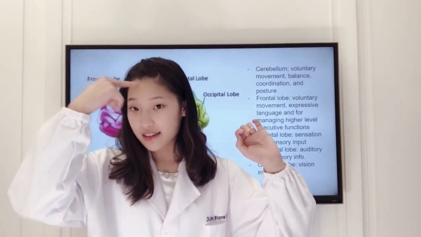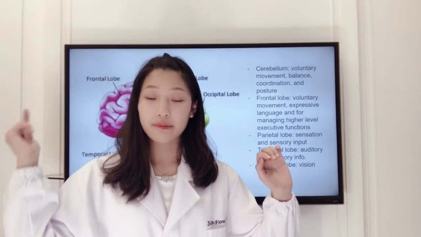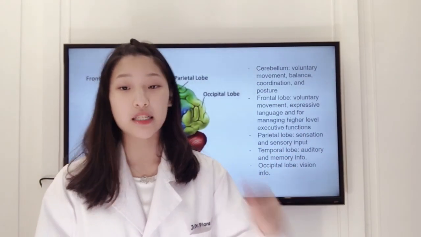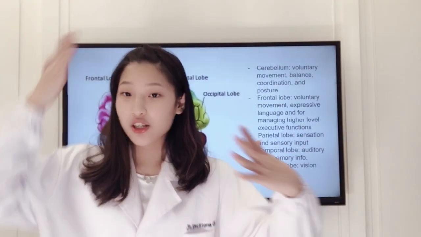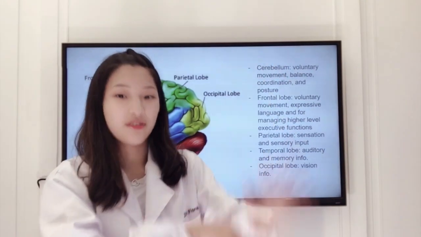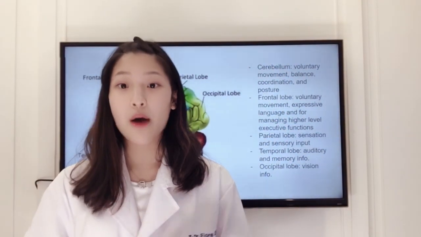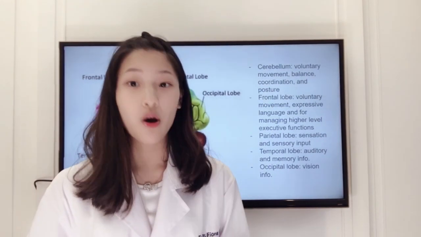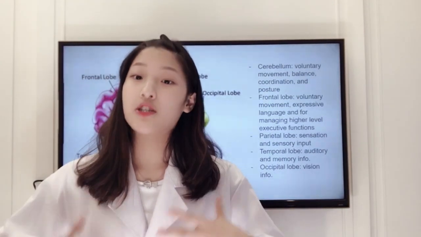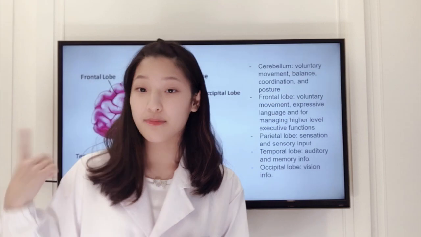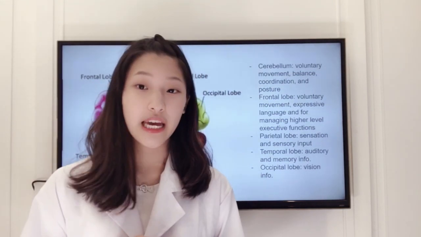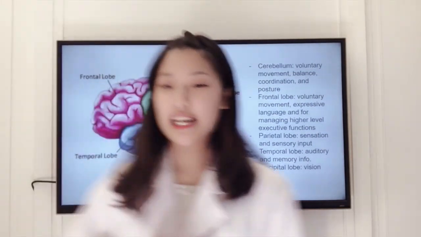That is my frontal lobe working. I am moving because my frontal lobe is sending information to my arm for it to move. It's also important for our languages. Since I'm talking in English right now, that is my frontal lobe also working.